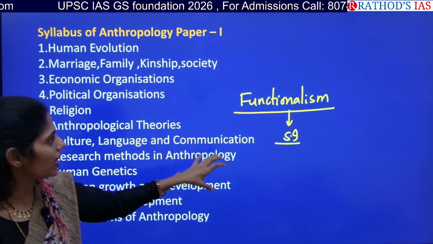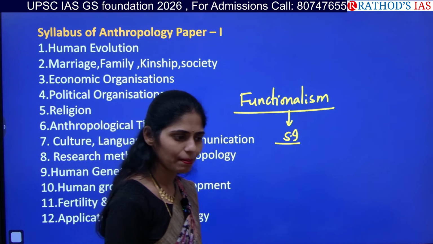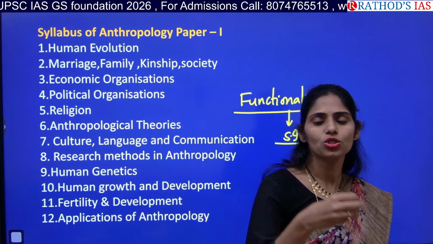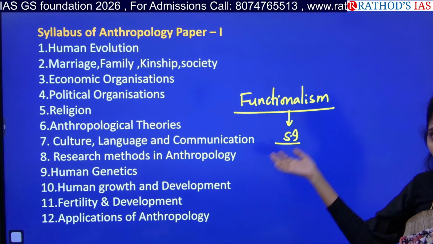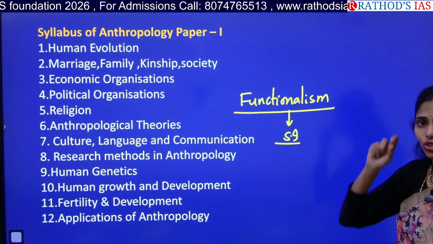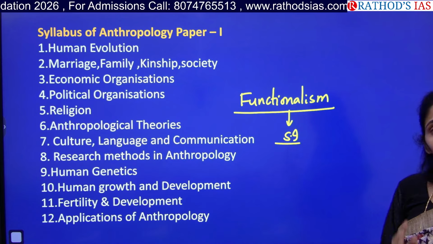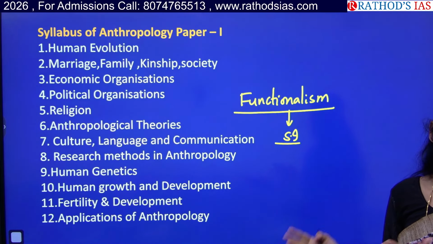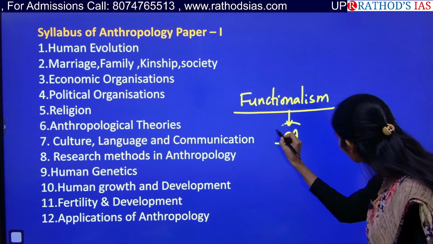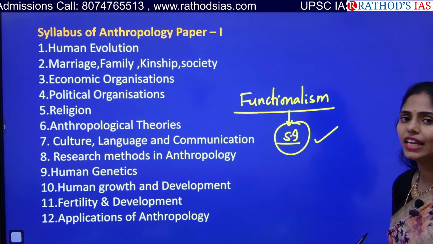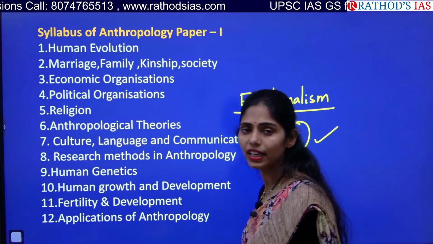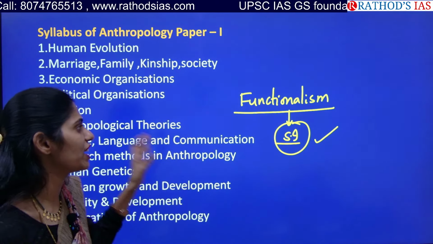That is called functionalism. For example, marriage as a social institution has certain functions to be fulfilled, and because of that, we came up with that social institution called marriage. Like that, family has certain functions to be performed. Like that, every social institution has certain functions to be fulfilled. That theory is called functionalism.